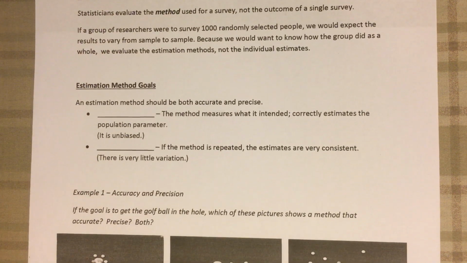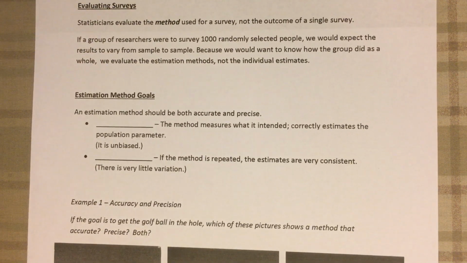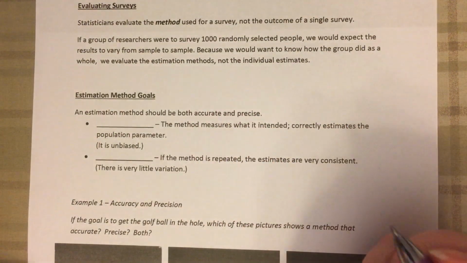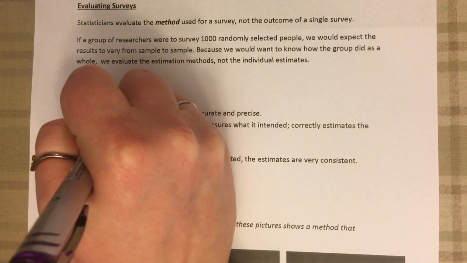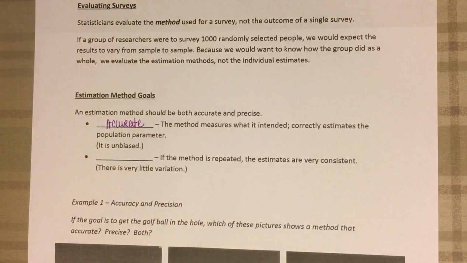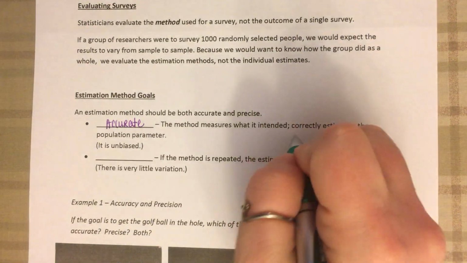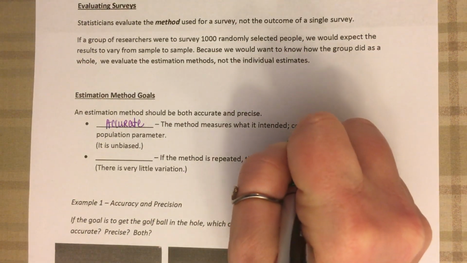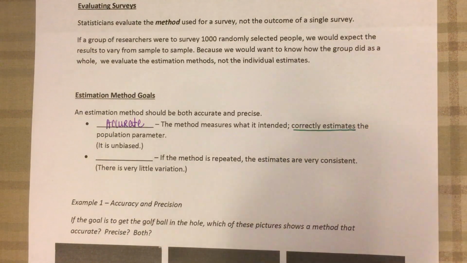All right, so our goals for our estimation are two different things. Our first goal is that our estimation method should be accurate. The method measures what it is intended. It correctly estimates the population parameter. So with accuracy, we're thinking about whether or not it is correct.